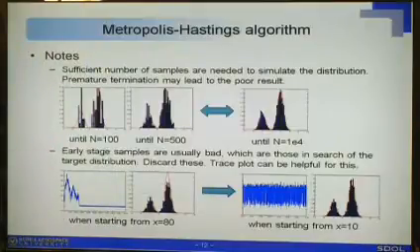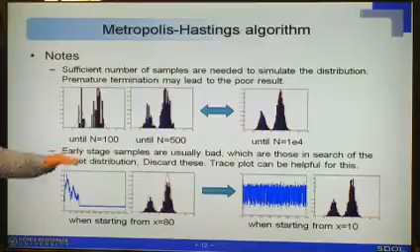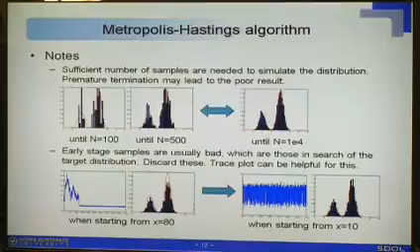Second, in the same manner, the early stage samples are bad, so it is not recommended to include them in the samples that we want. We have to discard some part of the early iterations until we get sufficient convergence. I hope you remember the land of Oz problem.